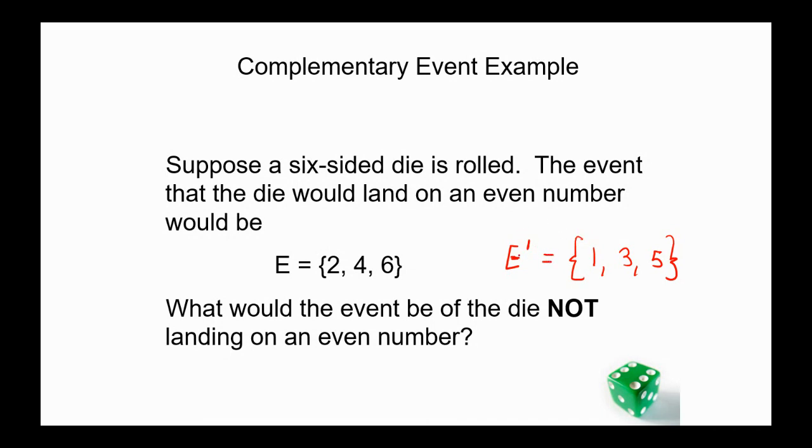Remember that apostrophe means complement or not E. Or you could also, as they did down here, use a C for complement. You need to be comfortable with either way.